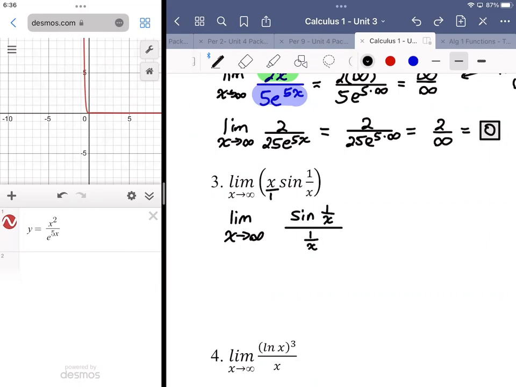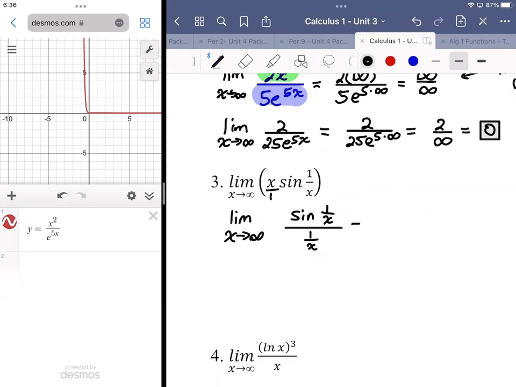That's only because, thinking backwards, you're probably in the past given this expression and told to simplify it, and when you did so, you did a little keep change flip and came up with this expression. What I'm asking you to do here is undo that.